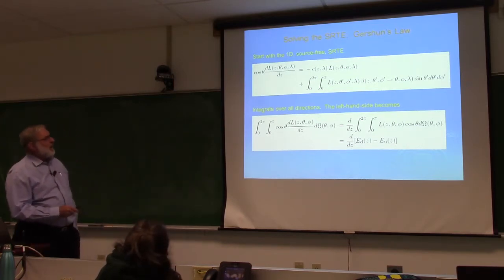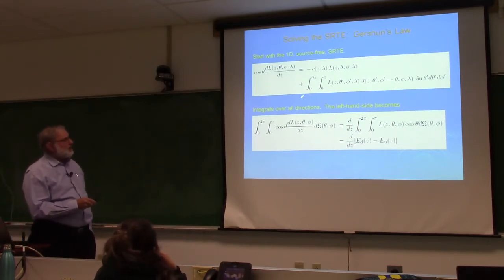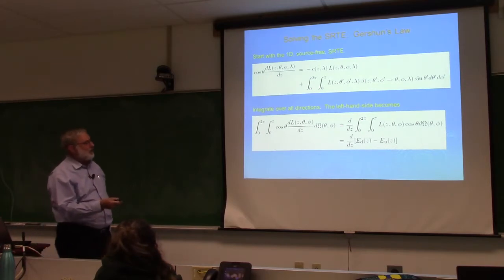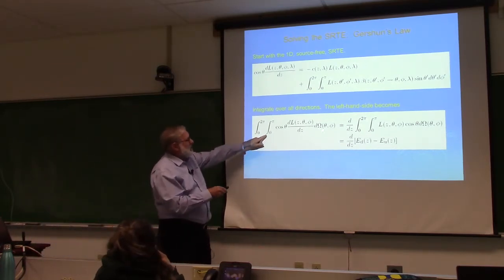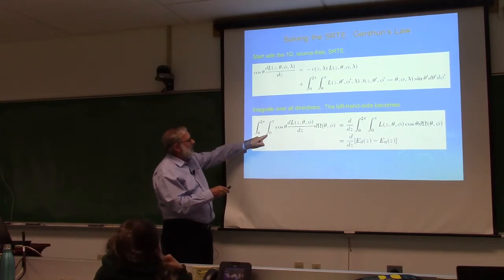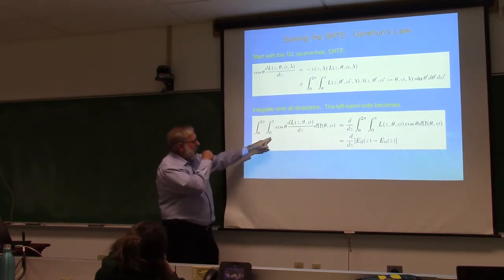Okay, so what Gershun did, though, is he started out with our friend, the 1D radiative transfer equation, and then he says, let's integrate over all directions. So I'm going to take the left side here, and I'm going to integrate theta and phi over all directions. So theta 0 to pi, phi 0 to 2 pi.